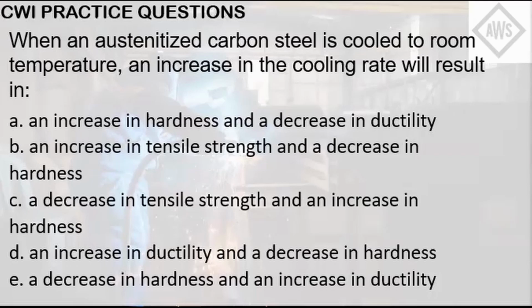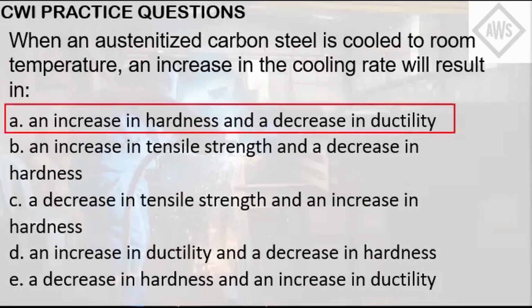Hence, the answer here is letter A, an increase in hardness and a decrease in ductility. Generally, when an austenitized carbon steel is cooled to room temperature at a higher cooling rate, it becomes more brittle, hence the decrease in ductility and decrease in toughness.